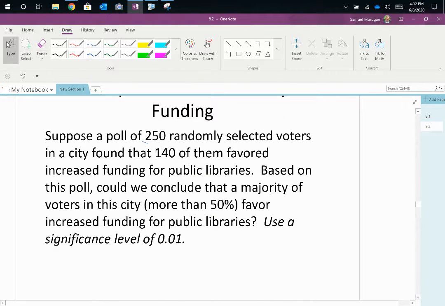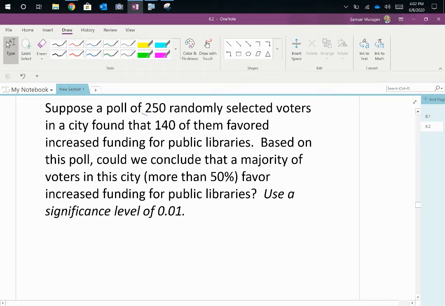Okay. Now, here's another example. Suppose a poll of 250 randomly selected voters in a city found 140 of them favored increased funding for public libraries, 140 to 50. Based on this poll, could we conclude that a majority of voters, more than 50%, favor it?